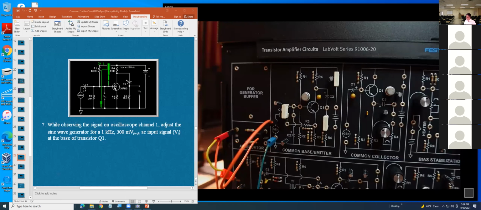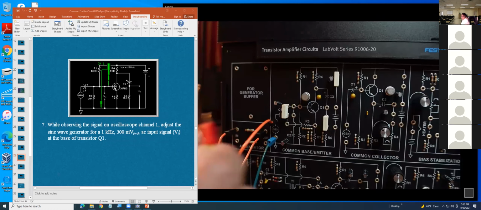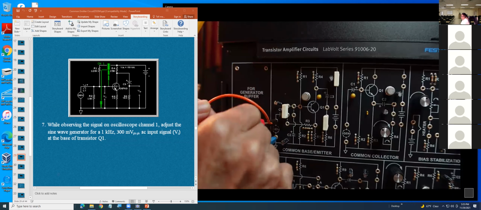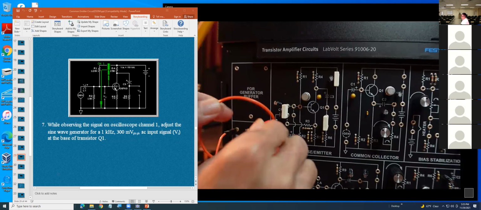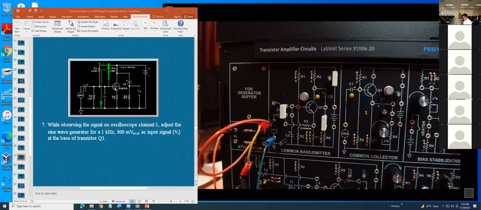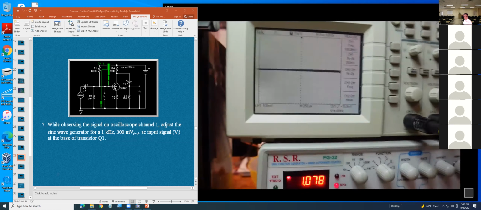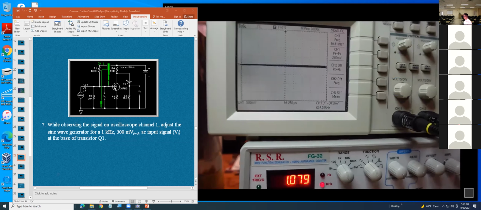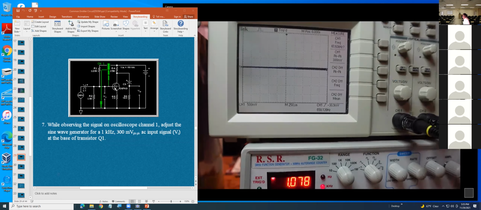Okay, so now the scope will be connected to the generator. If you see, it looks like a very small voltage. I press auto set, measure.